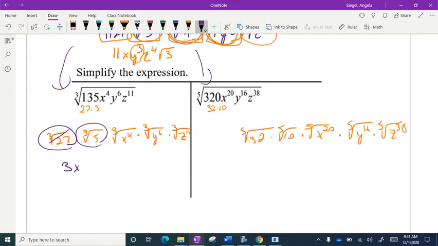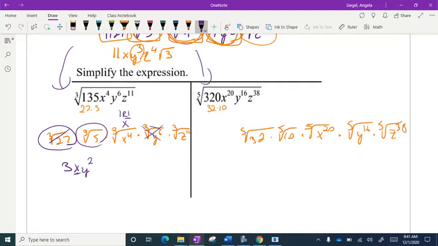Well, I can take out 1x, but I have 1 left over. So think about that. If I took 4 divided by 3, 3 goes into 4 one time with 1 left over. So I'm going to take out 1x and I'm going to have 1 left over. 6 divided by 3 is 2, so I'm going to have y squared. So I am done with that one.